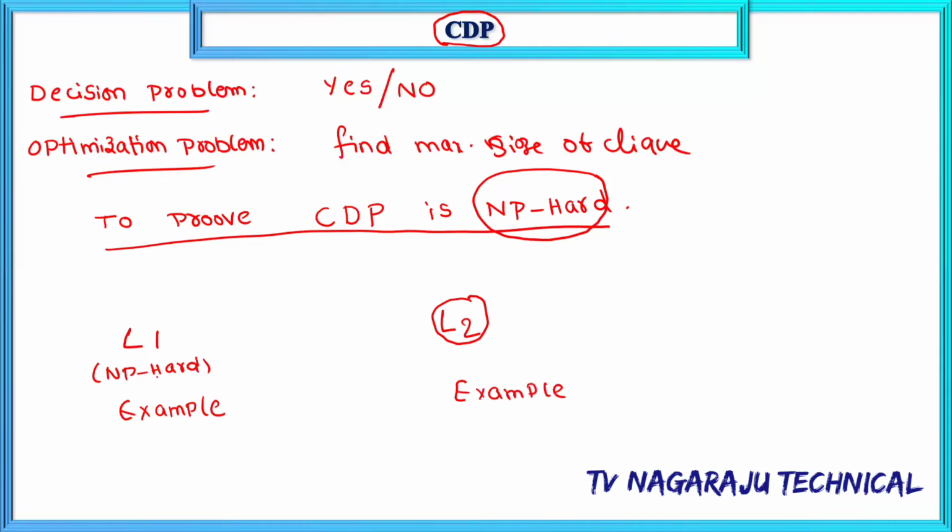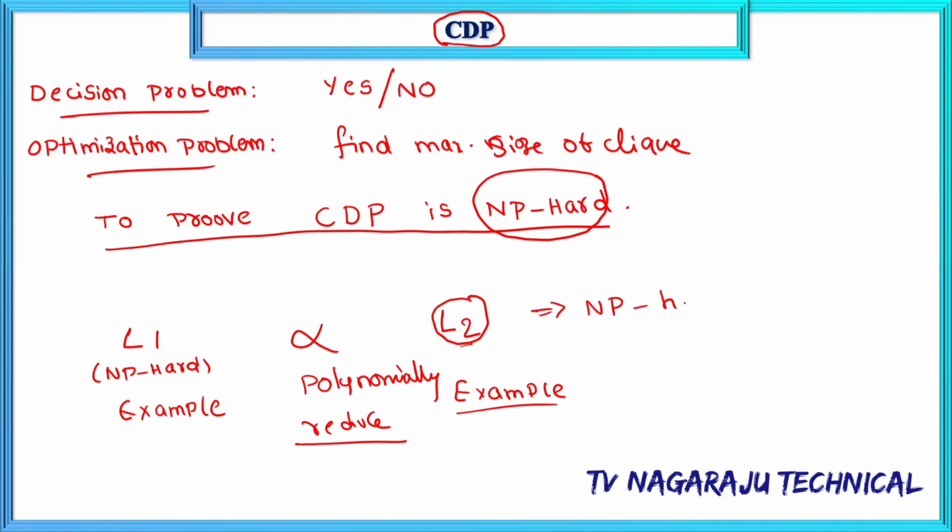Now, the example of the already known NP hard problem is polynomially reduced to an example of this problem. If the polynomial reducibility is possible, then we say that L2 is also NP hard. This is the concept of proving a problem is NP hard.